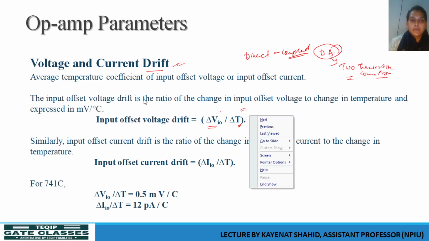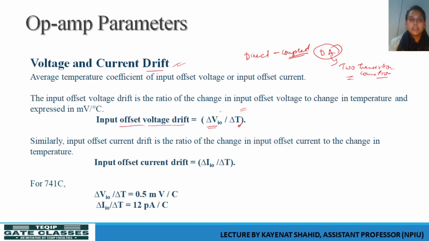The drift in input offset voltage, as provided by the manufacturer, due to temperature is called the input offset voltage drift, that is del VIO by del T. The input offset current drift is the change in input offset current with the change in temperature. For the 741 IC, the input offset current change will be 12 picoampere.